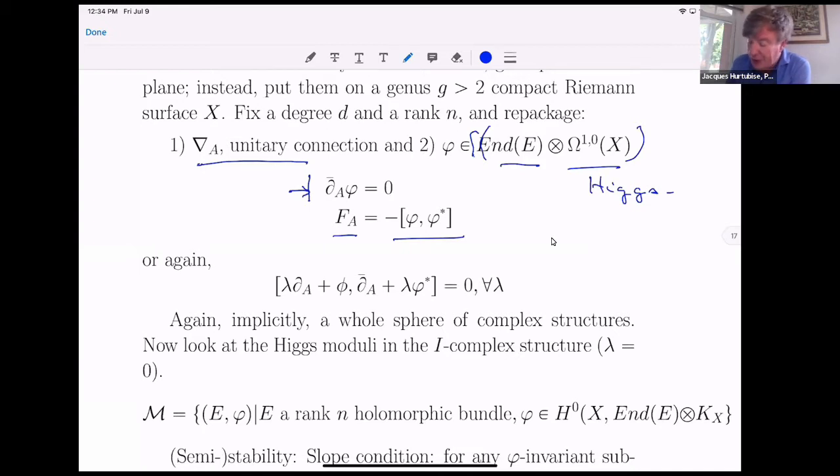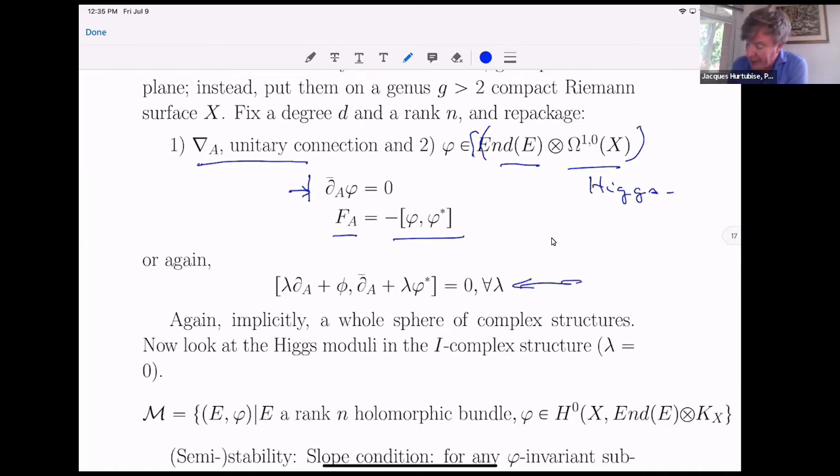A is a Hermitian connection, so you also get that the (1,0) part of it applied to phi star is 0. You just take complex conjugates. And this sort of 2 out of 3 principle basically applies here. Now, to make this more manifest, you can repackage things and put in a parameter.